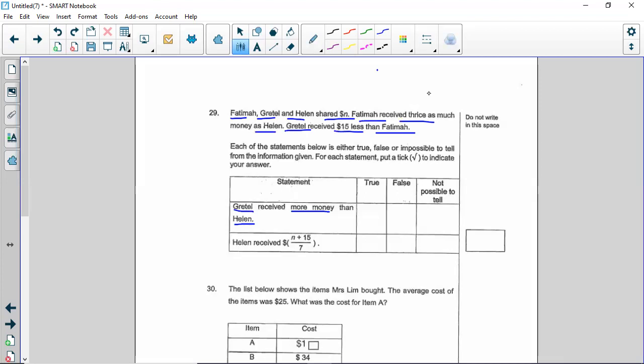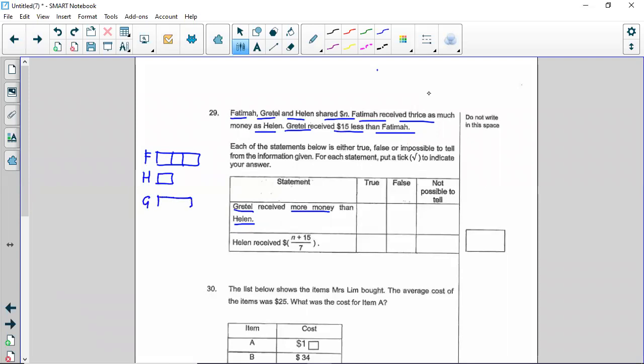Now if you draw a model, what is the matter here if you are not sure? There are clues to tell you to draw a model. There's a 3 times, there's a less than. So let's draw. Fatima received 3 times as much as Helen, so Helen got 1 box. Gretel received less than Fatima.